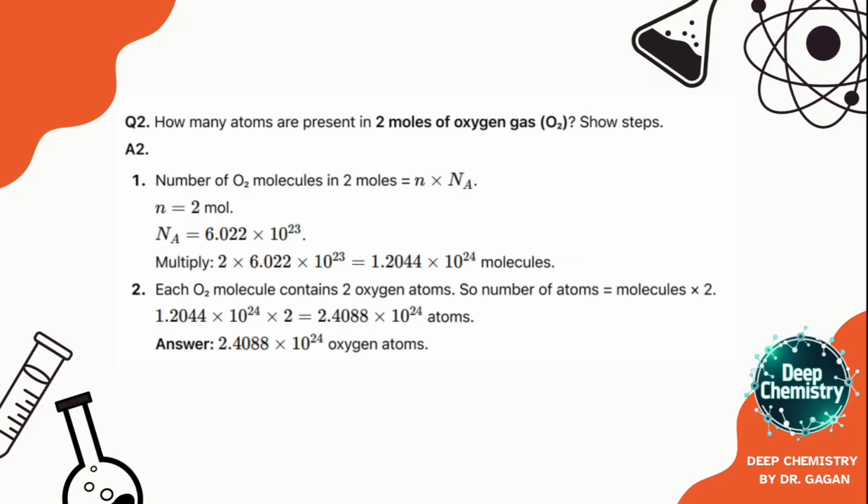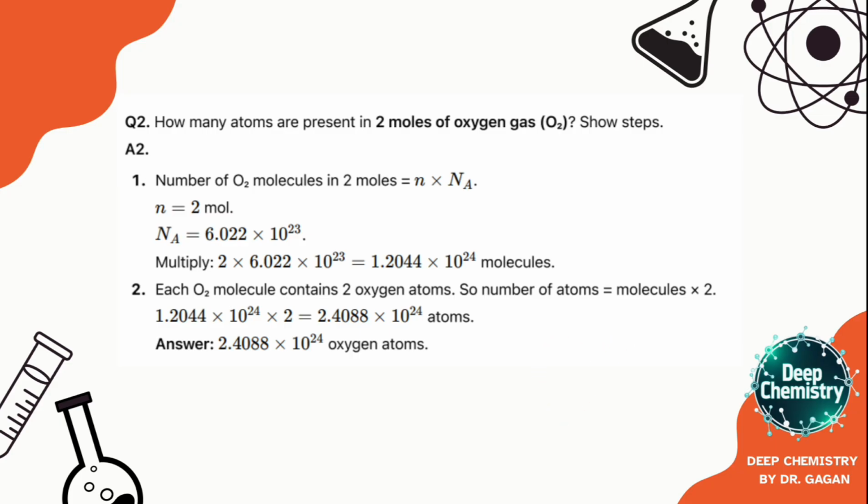Each molecule of oxygen has 2 atoms. So, total atoms equals 1.204 × 10^24 multiplied by 2, that is equal to 2.408 × 10^24 atoms. So, in 2 moles of oxygen gas, there are 2.408 × 10^24 oxygen atoms.